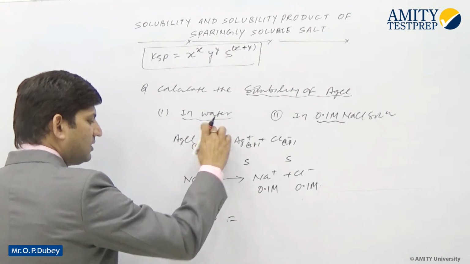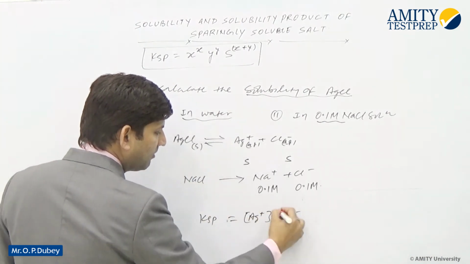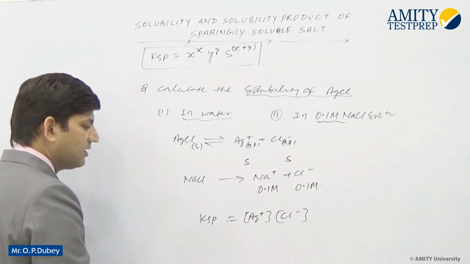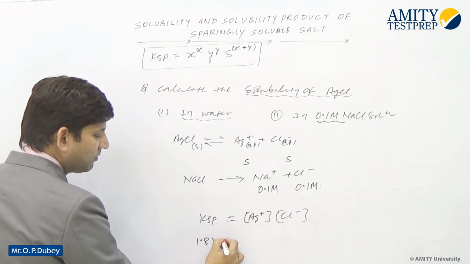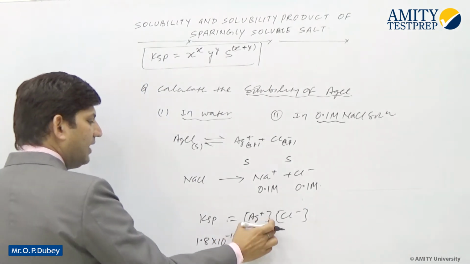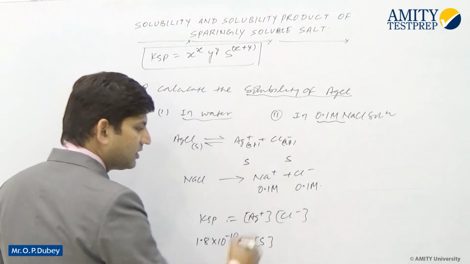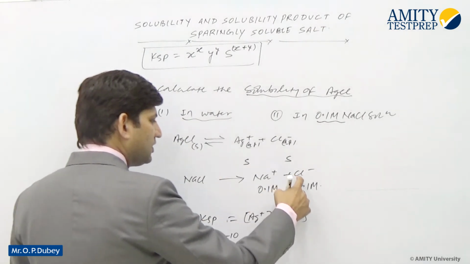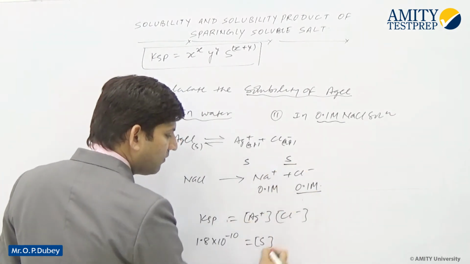The Ksp for AgCl is the concentration of Ag+ multiplied by the concentration of Cl-, and the Ksp value is given, which is 1.8 multiplied by 10 to the power minus 10. The concentration of Ag+ in this solution is S moles per liter, but the concentration of Cl- in this solution is S plus 0.1.